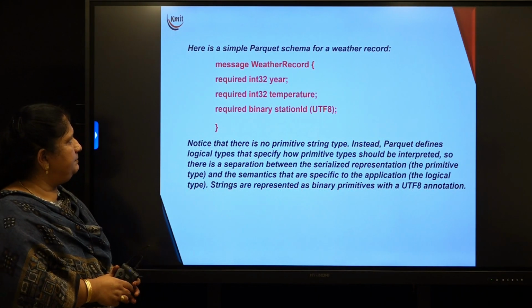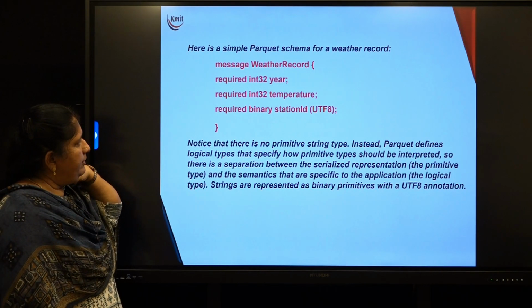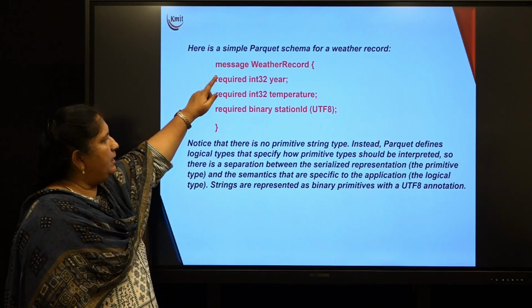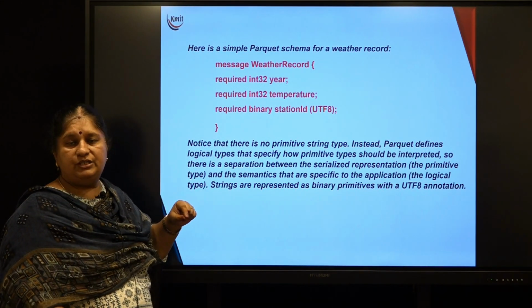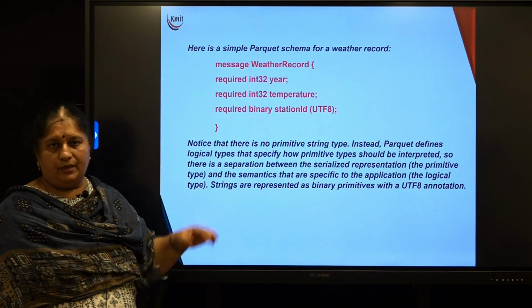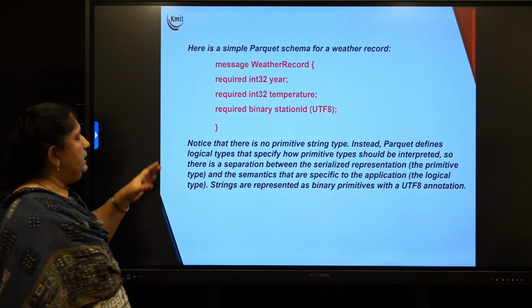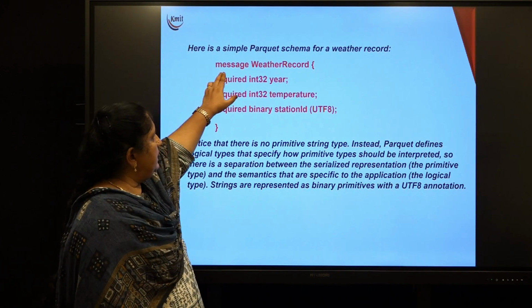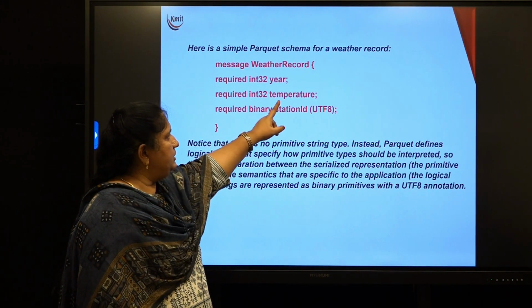Now say for example, try to see a simple Parquet schema for a weather record, wherein we are trying to maintain a weather record. In Parquet, for every record, which is similar to a C structure, we use the word message. Instead of struct, we use message here, just remember that. So we are using message WeatherRecord which has year, temperature, station ID.